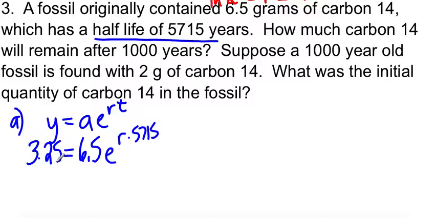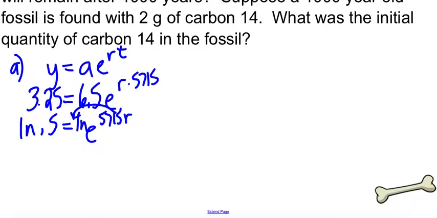We divide both sides by 6.5, and we get 0.5 equals e to the 5715r. The variable r that we're trying to solve for is in the exponent, so we take the natural log of both sides so that we can use the down-in-front property.